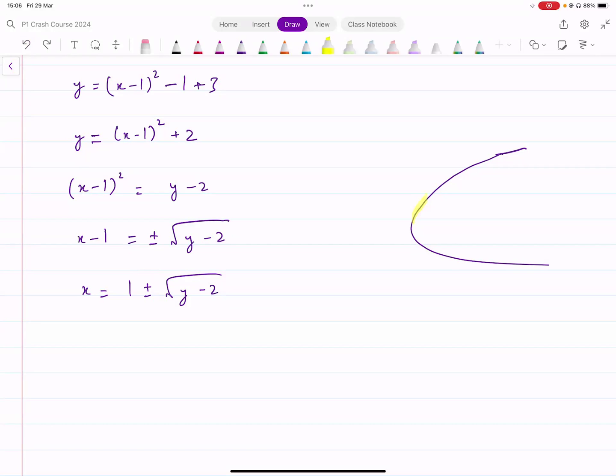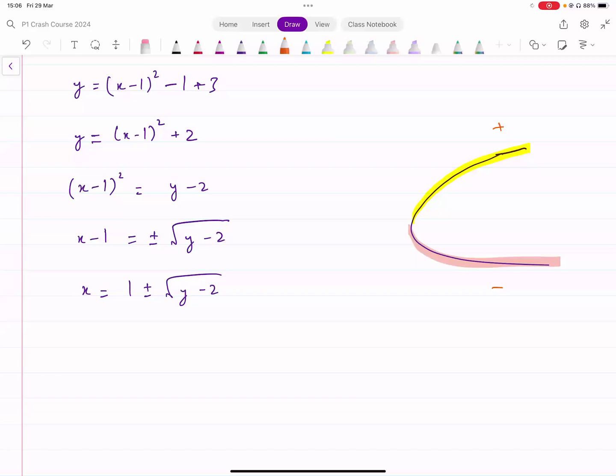Because this upper part of the graph represents the case when you have plus here, and this lower part of the graph represents the case when you have minus here. You're either going to have plus here or minus, only one of them. So initially, when you take the square root, you're always going to have plus minus there.